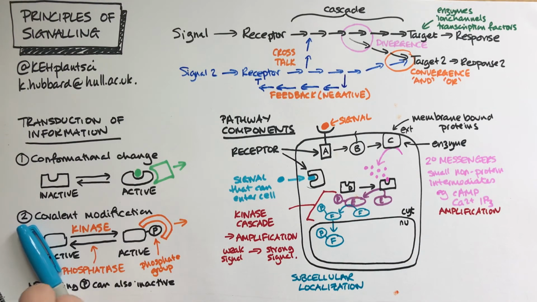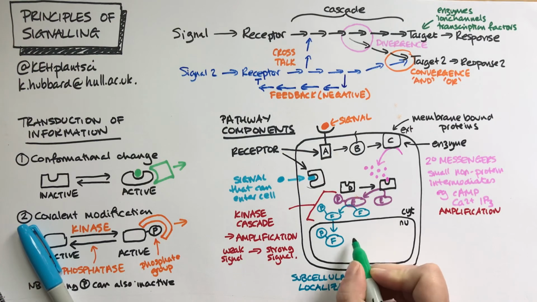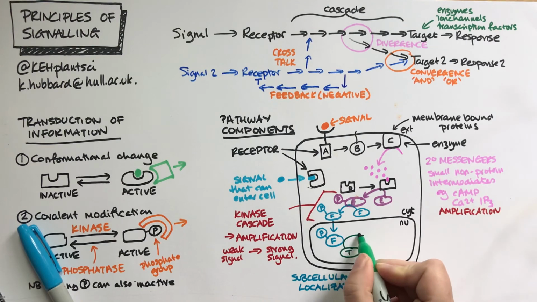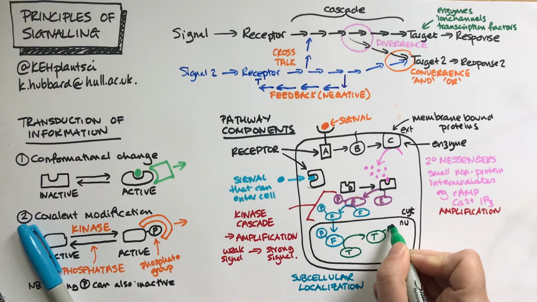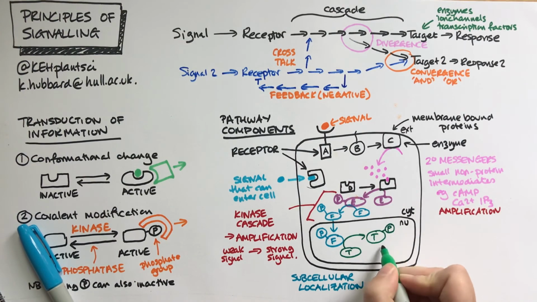And then we might have our final protein then goes and activates the target. So let's say T is my target protein, that gets phosphorylated. So F would be a kinase again, and then that would give us the response.